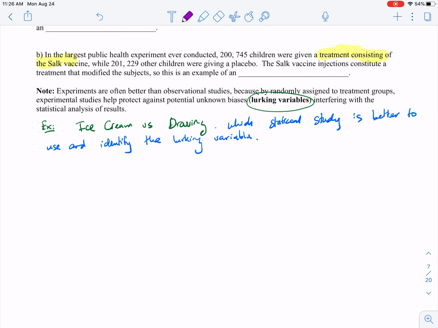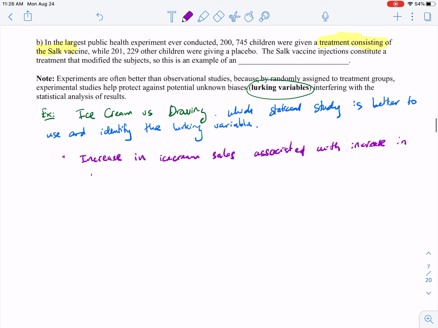Okay, so here is the example. We have an increase in ice cream sales associated with an increase in drowning. So how do we figure out if there's an actual correlation or association, or if one causes the other?